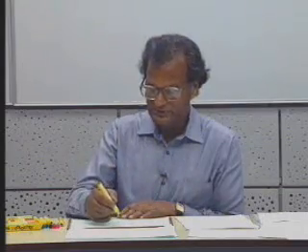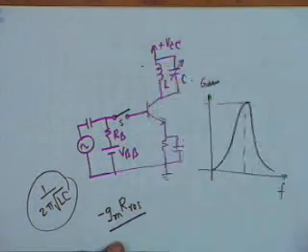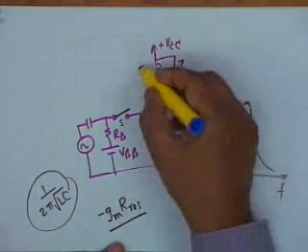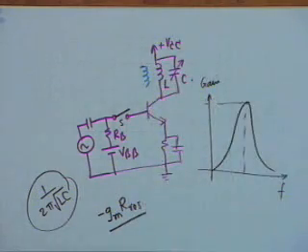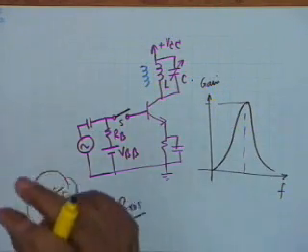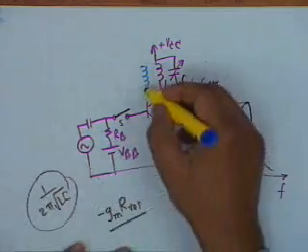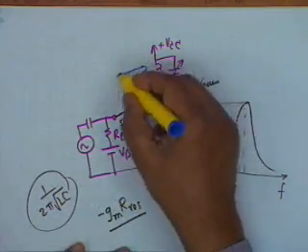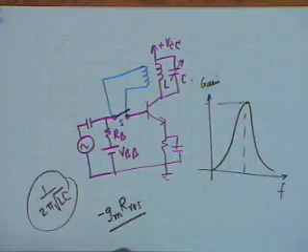Okay. Now, suppose we use a coil here, a small coil, maybe 1 or 2 turns, and we connect this coil to these 2 points. Keep the switch open.